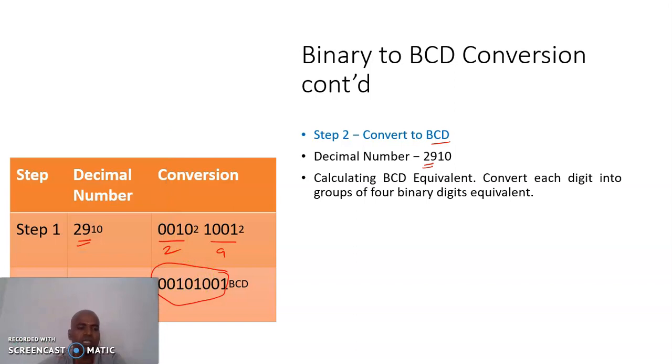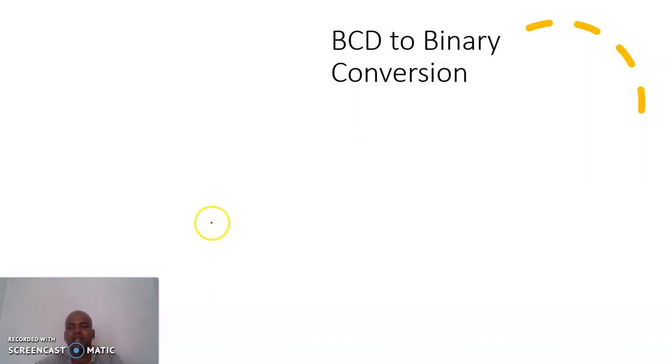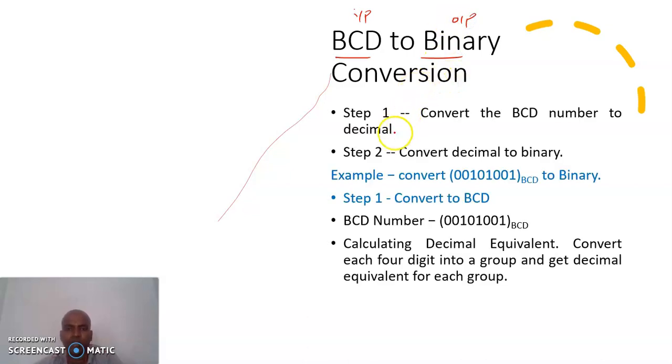So totally 2 steps are there. The first step is to convert the binary number into decimal, then decimal into BCD. Right. And next is BCD to binary conversion. Here the input is BCD and the output is binary. Here also 2 steps: first convert the BCD number into decimal, then convert decimal to binary, just the reverse process.